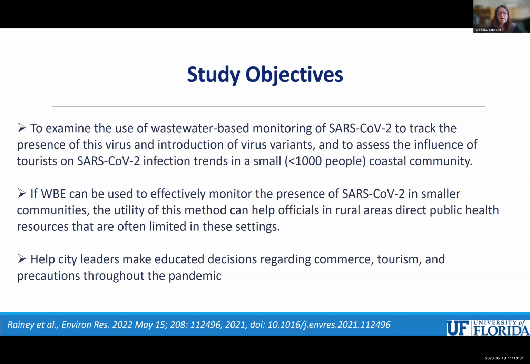And the idea was that if wastewater-based epidemiology could be used to effectively monitor the presence of SARS-CoV-2 in smaller communities, it would help officials in rural areas direct public health resources that are often limited in these types of settings. And furthermore, it would help city leaders make educated decisions regarding commerce, tourism, and precautions as the pandemic was ongoing.